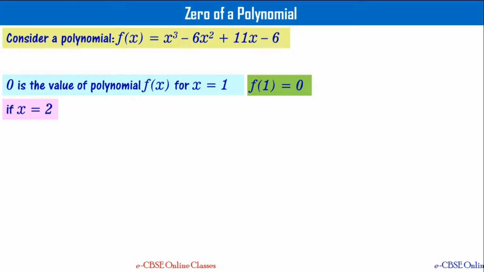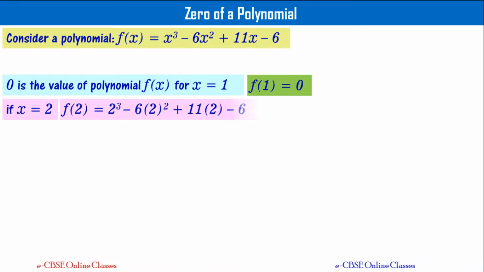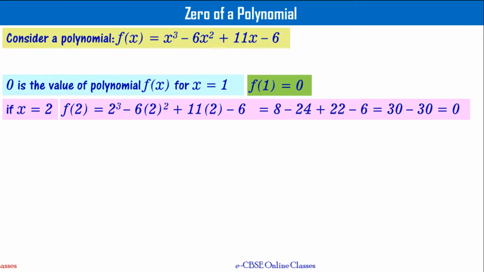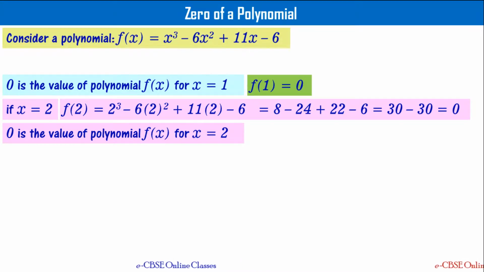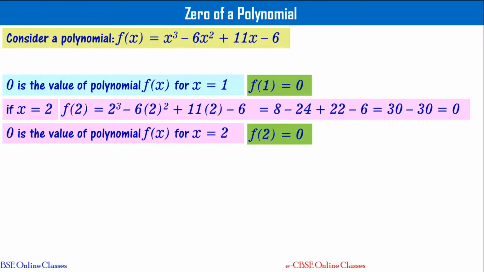If x equal to 2, then f of x can be written as f of 2, right? And simplify it to get f of 2 equal to 0. Means that 0 is the value of polynomial f of x for x equal to 2. In mathematical terms, one can write it as f of 2 equal to 0.